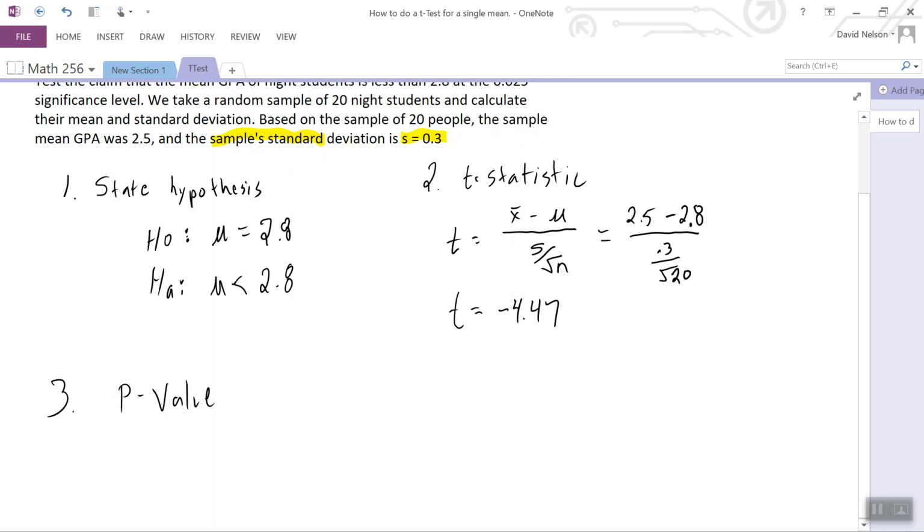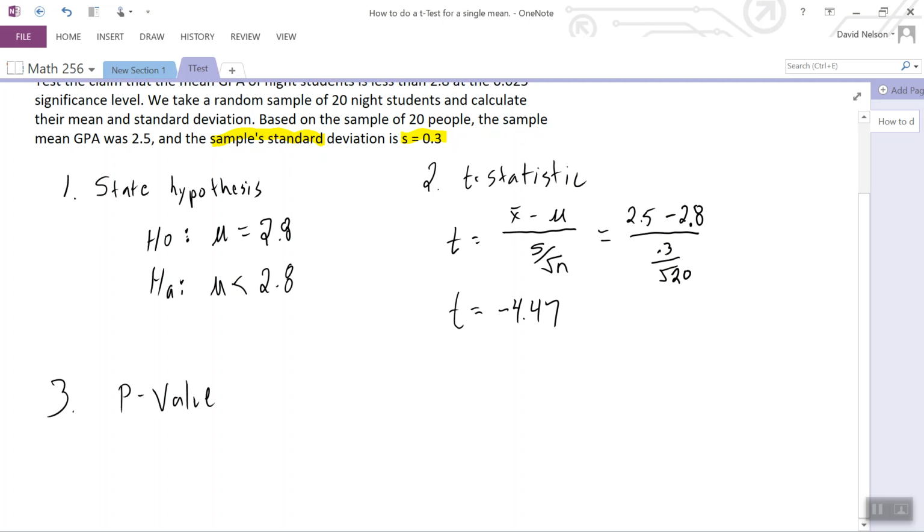And the p-value, like we've done on the previous hypothesis test, is the probability that we can get a sample with a mean of 2.5 or smaller if the population really has a mean of 2.8. We want to know, I got this sample of 2.5.